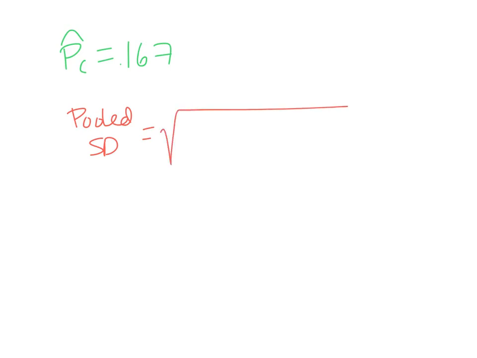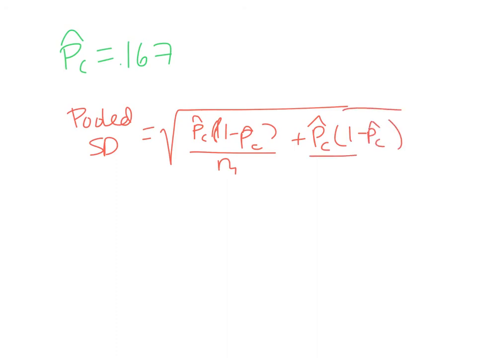Here's the difference: we're going to do p-hat C times 1 minus p-hat C, over n1, plus p-hat C times 1 minus p-hat C, and we're going to do that same thing over n2.